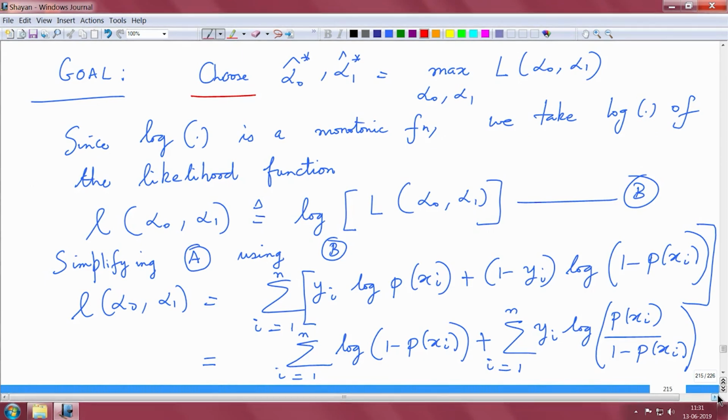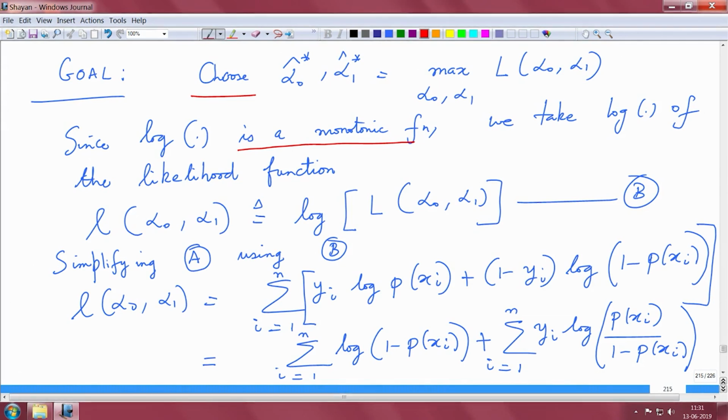The advantage of taking logarithm is that log is a monotonic function. Since log is a monotonic function, we can take the logarithm of the likelihood function and it does not change its properties. So, let us call small l of alpha naught comma alpha 1 the logarithm. We define this to be the logarithm of the likelihood function.